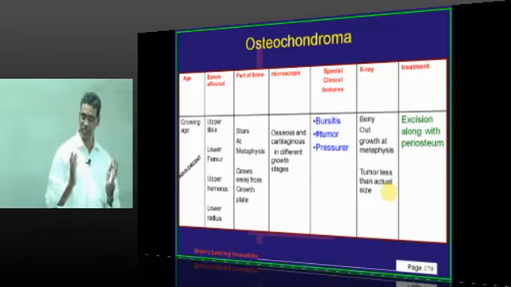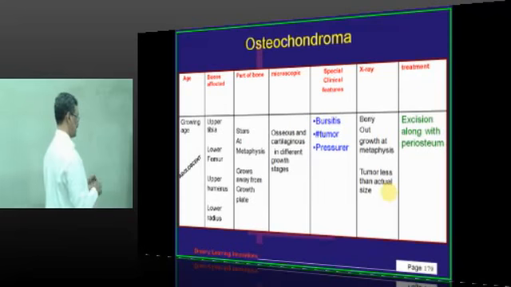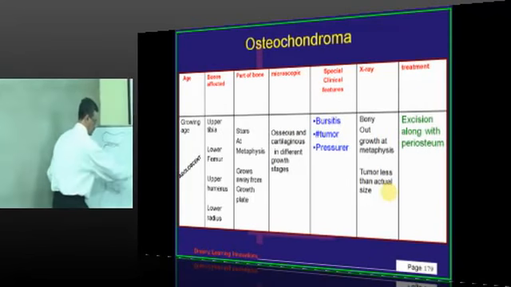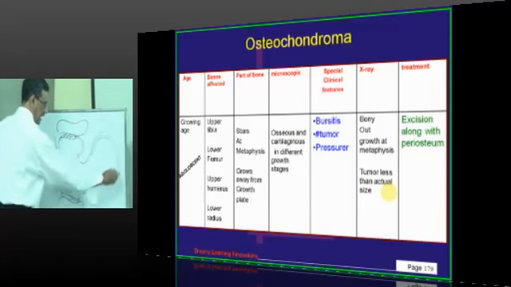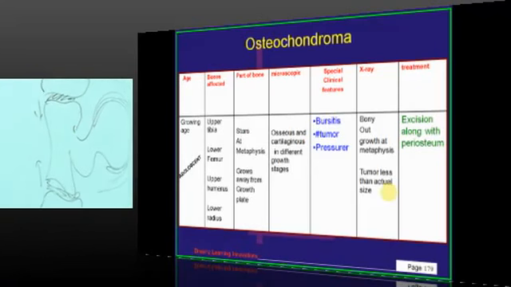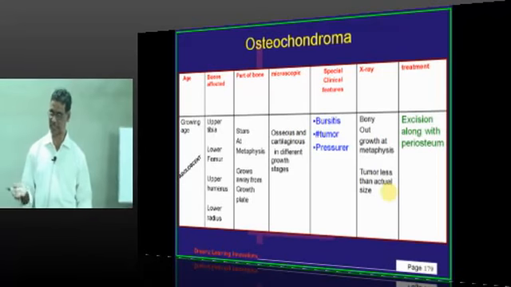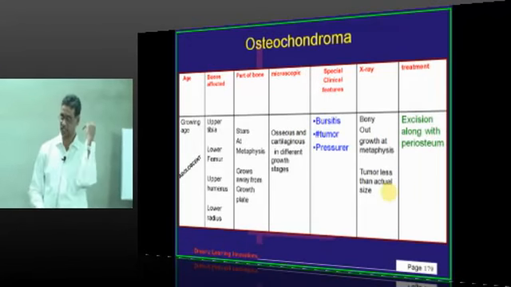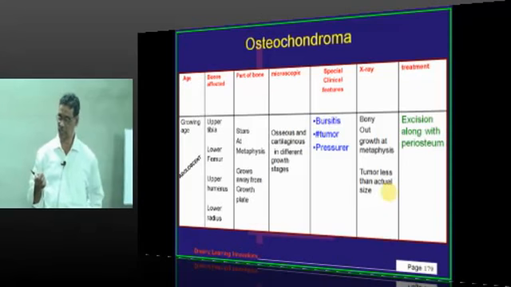It contains osseous and cartilaginous materials. And then special clinical features. The osteochondroma, because it has a cartilage cap, whenever anything causes constant friction under the skin, it develops what is called a bursa, just like housemaid's knee, that is the prepatellar bursa, or student's elbow, that is the olecranon bursa, or weaver's bottom, at the ischial tuberosities.